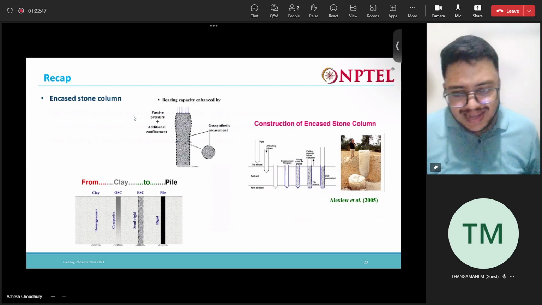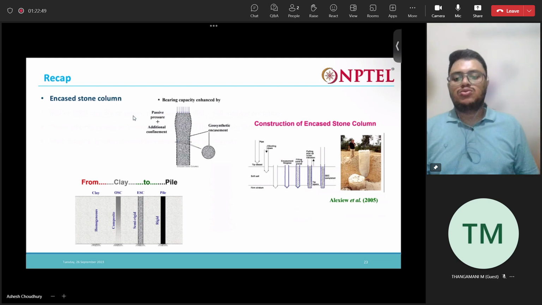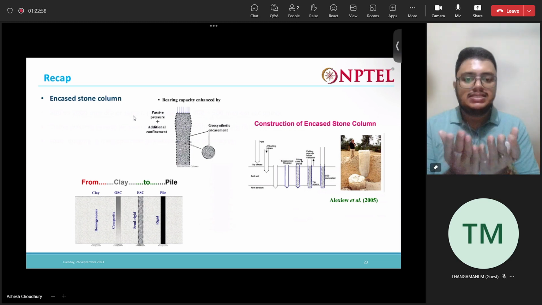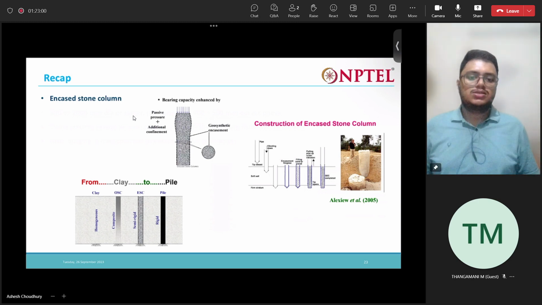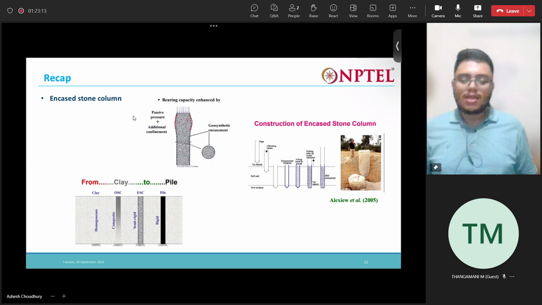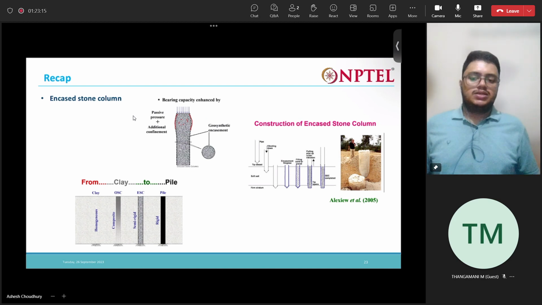One more advanced version of stone column is the encased stone column. In encased stone columns, we provide a geosynthetic encasement around the stone column, maybe of geogrid or maybe of geotextile. So here you have the stone column, and around that we provide geosynthetic encasement.